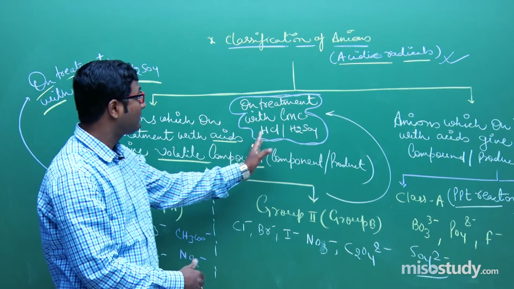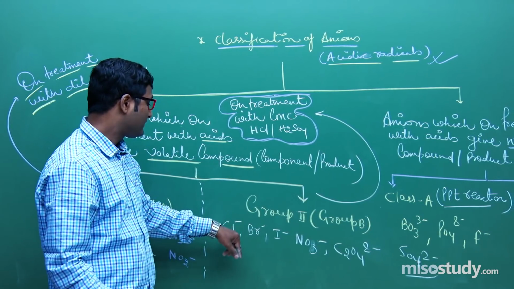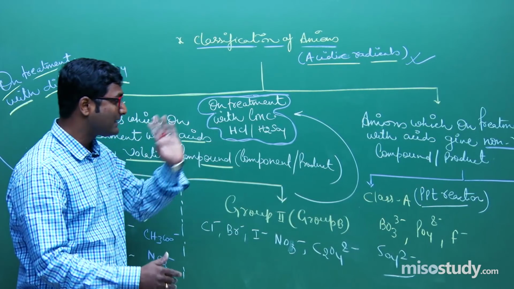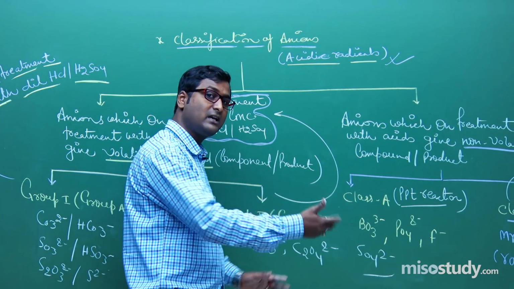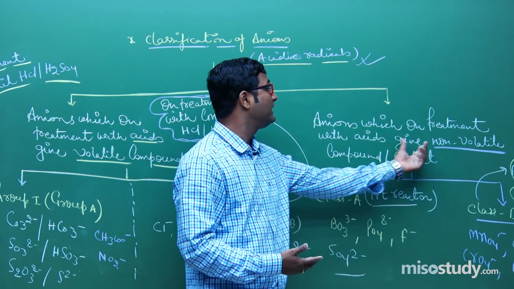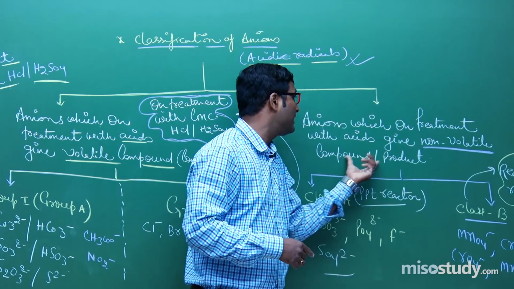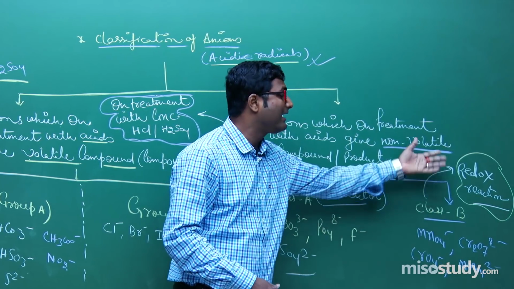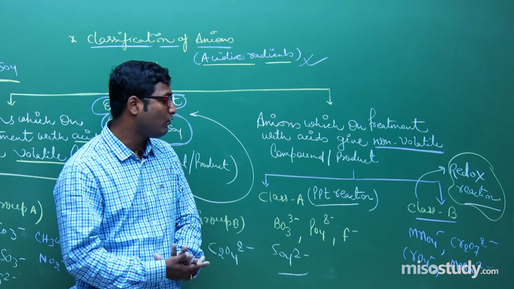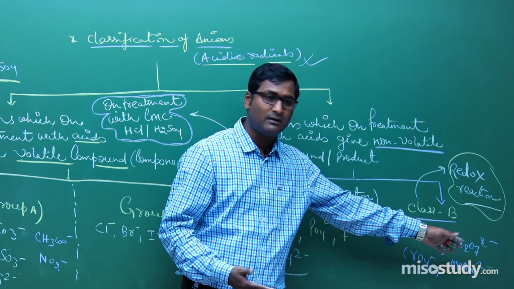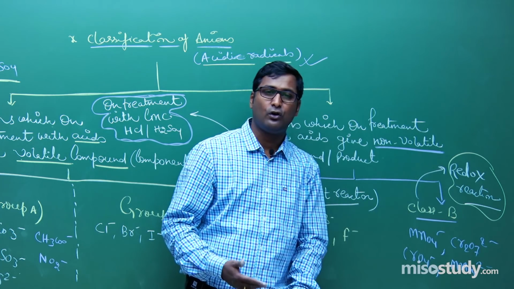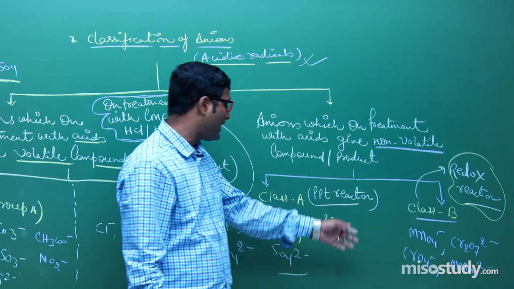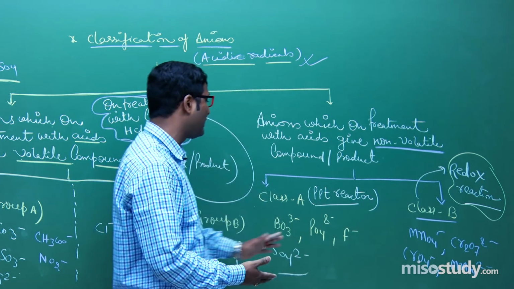And with concentrated acid, that is chloride, bromide, iodide, nitrate, oxalate. Now the second classification: on treatment with acid, it does not give a volatile product, that is, it gives a non-volatile product. It has two types, PPT type reaction and redox reaction. We all know MnO4 minus, Cr2O7 2 minus, CrO4 2 minus, MnO4 2 minus, and so on. And class A, PPT type, like borate ion, phosphate ion, fluoride ion, sulfate ion; these all are the PPT type of reaction.